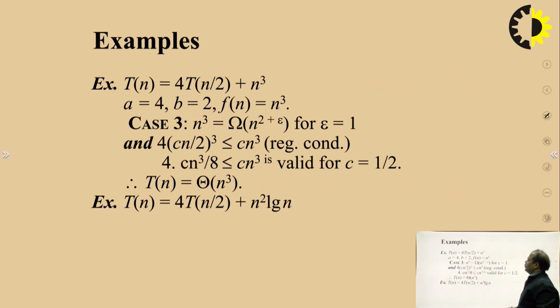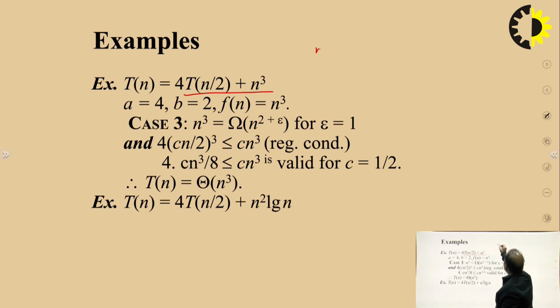Okay. So let's have an example: T(n) = 4T(n/2) + n cube. While solving recurrences using the master method, it is always advised to start with case 1. If it is not applicable, check with case 2. If it is not applicable, it's better to go with case number 3.